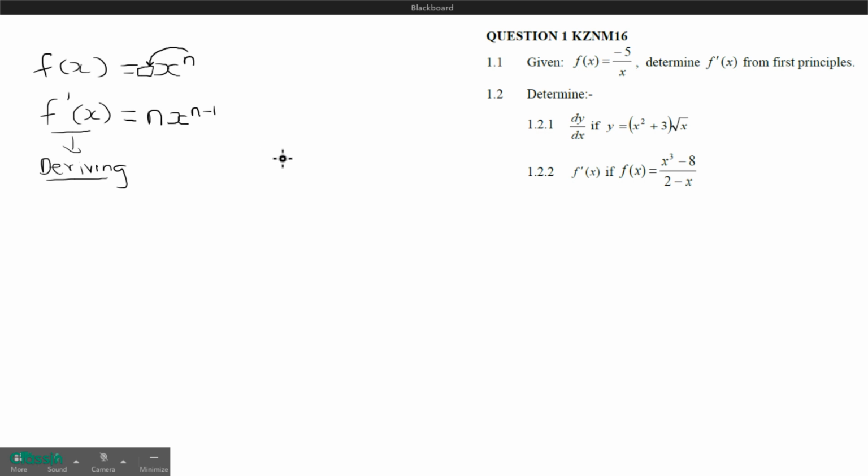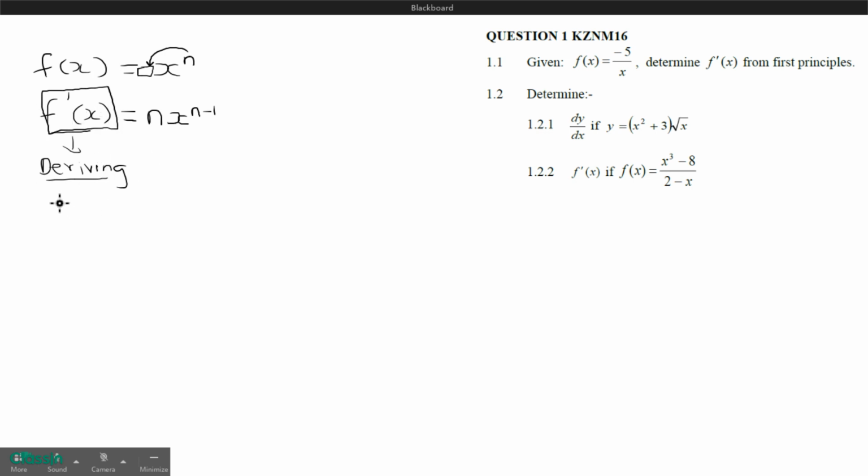Now, if we check the question, it says use the first principle. Okay, so the first principle has got the derivative of f of x, which is f prime of x.